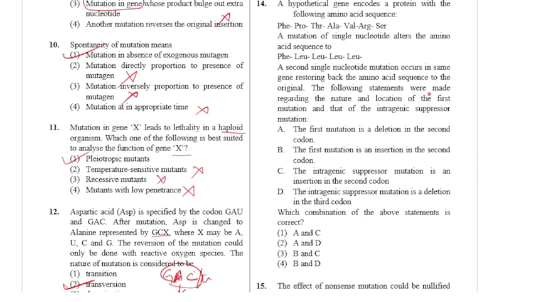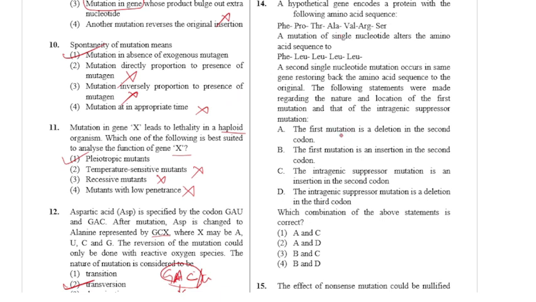The following statements were made regarding the nature and location of the first mutation and the intergenic suppression mutation. We can see that phenylalanine is the same, then from proline onward all the nucleotides change. This is a case of frameshift mutation.